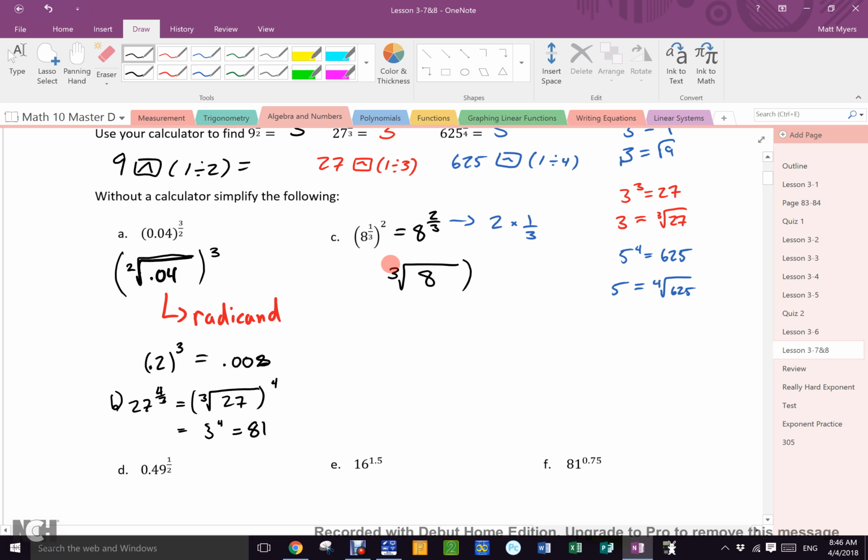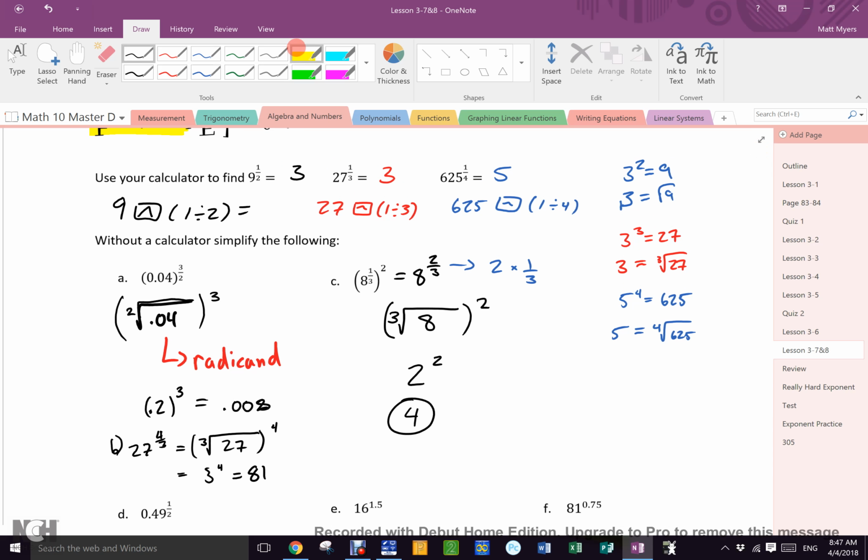And then the whole thing is what? Squared. What's the cubed root of 8? 2 squared. What's 2 squared? 4. And you're done. Does everybody see how it works? It's pretty easy once you see this up here, right?